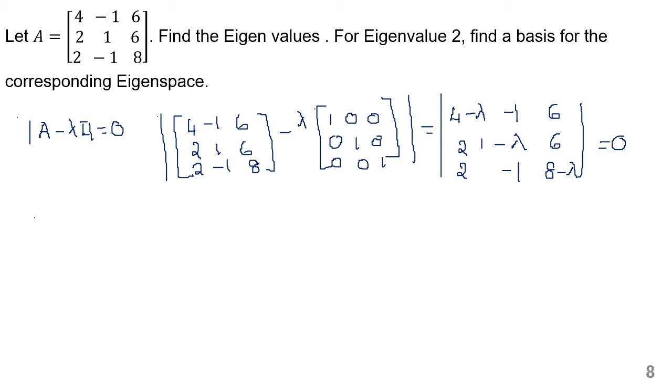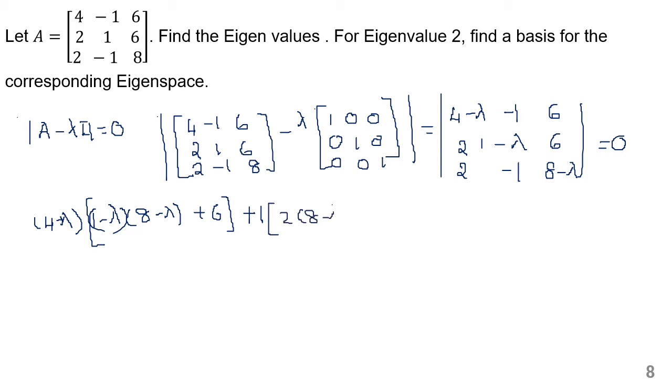So simplifying this, we have 4 minus lambda multiplied by (1 minus lambda)(8 minus lambda) plus 6, then plus 1 into 2 into (8 minus lambda) minus 12, then I have 6 into (minus 2 minus 2(1 minus lambda)).